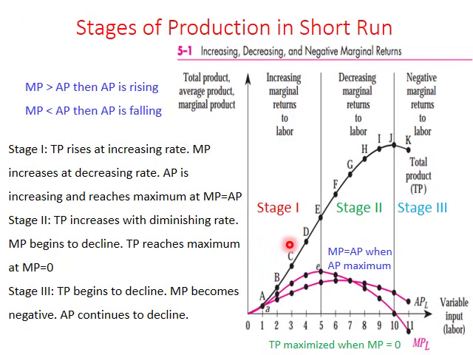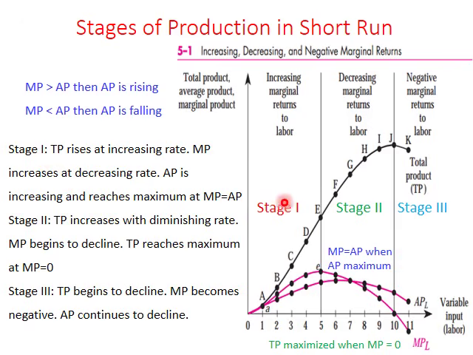Let's see it graphically. This curve represents the total product, this curve represents the average product, and the lower curve is the marginal product. Let us see stage by stage.